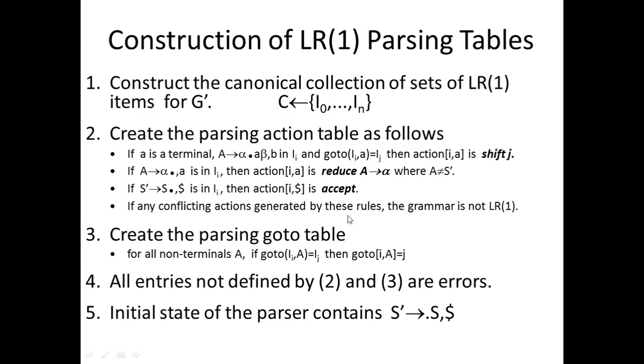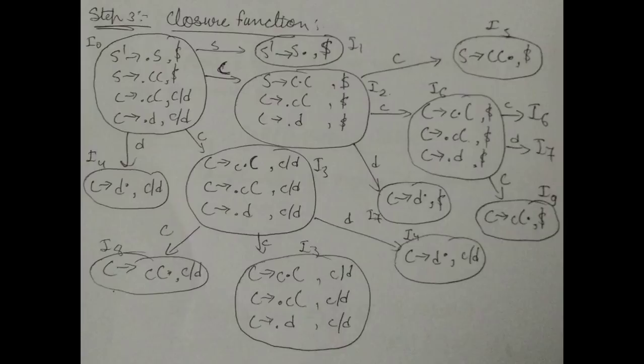Now for the reduce state, if A gives alpha dot comma a is in I i, then action of i, a is reduce A gives alpha, where A is not equal to S dash. According to this algorithm, in the collection diagram, every state containing a production with a dot at the end gets a reduce. Let's take the I5 state.